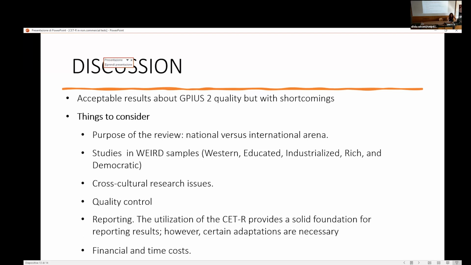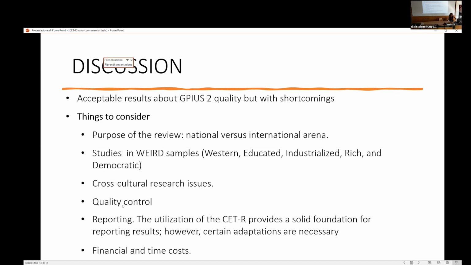So we have a problem because we don't have enough studies to make a sound conclusion. The samples used in the studies are from Western, educated, industrialized, rich, and democratic societies, so we also need to collect data in other types of countries. Cross-cultural issues may arise here because, again, none of them are comparing the potential differences.